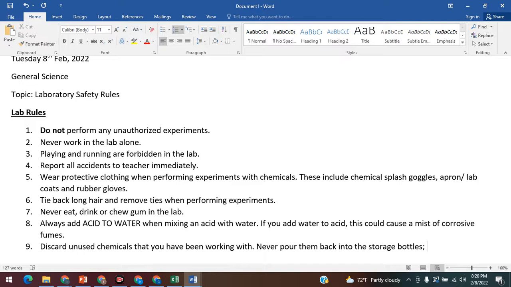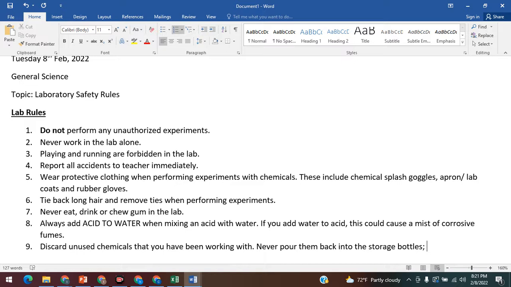When you try to save it for later, or put it back inside the same container it was in, it's going to contaminate the pure ones. So when you go to do another experiment and test the properties of that particular solution, it's not going to react properly.